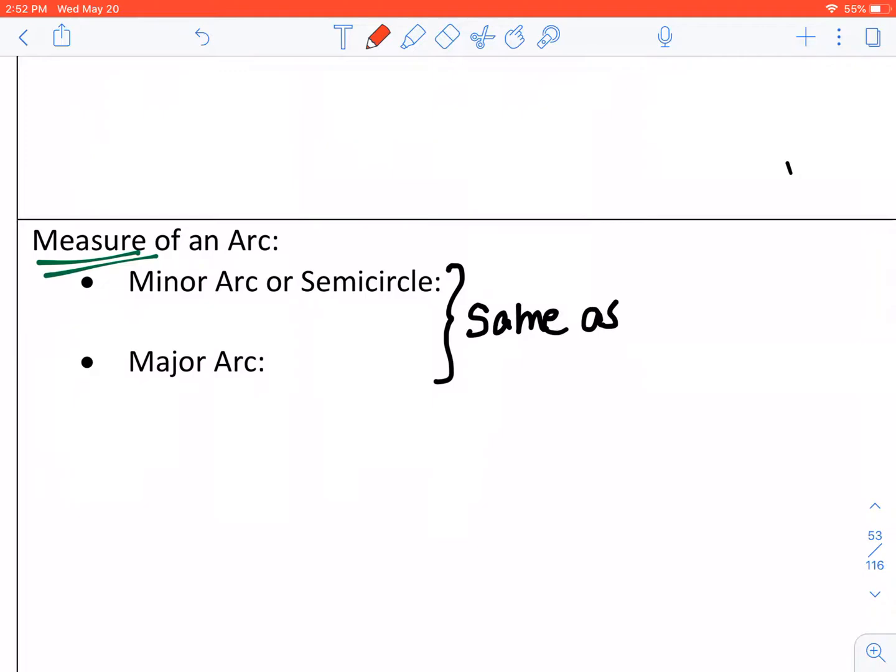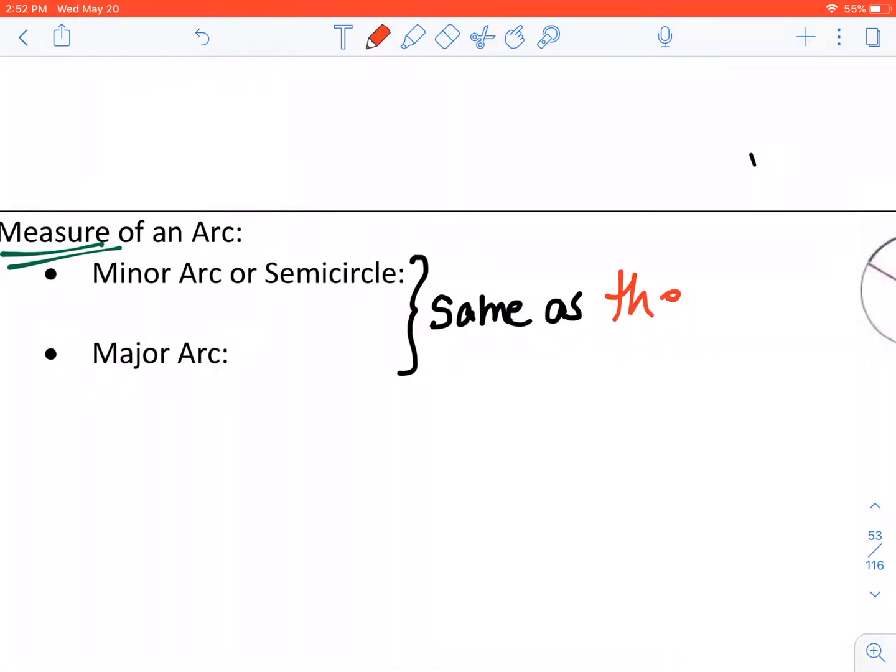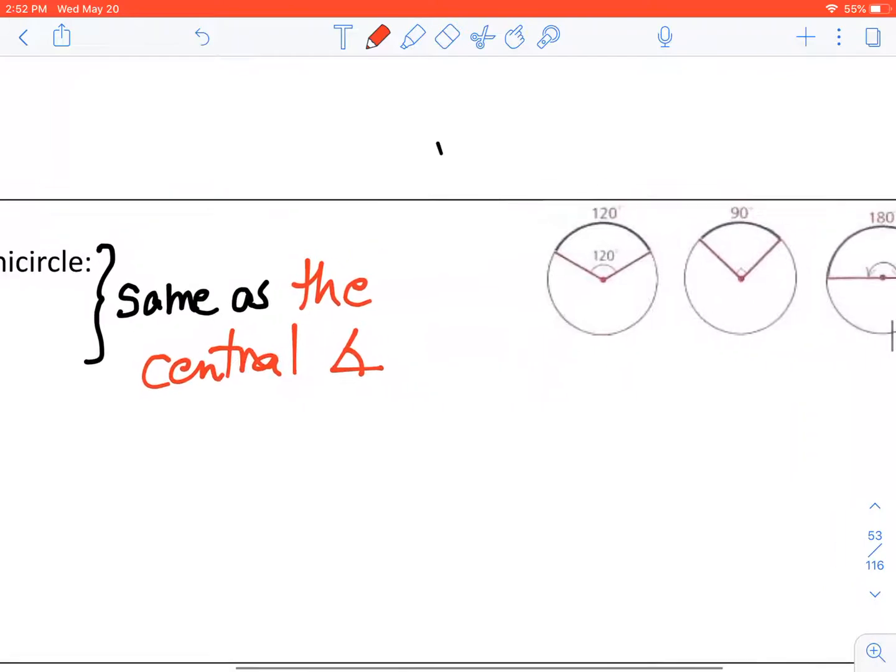First of all, measure of an arc. Whether you are doing a minor or a major arc, the measure is the same as the central angle that intercepts it. Okay, so the way we measure an arc is using that central angle.